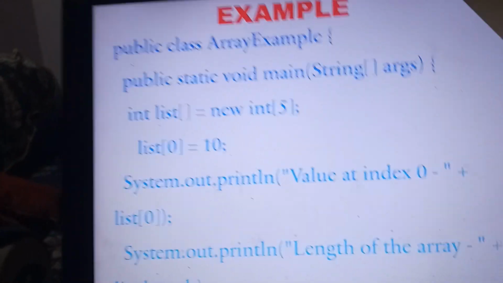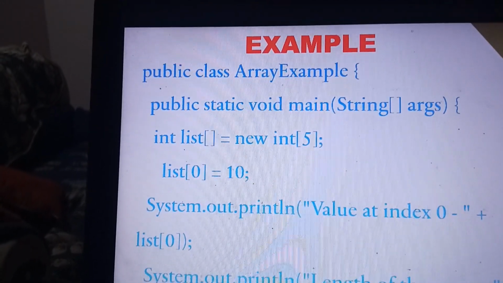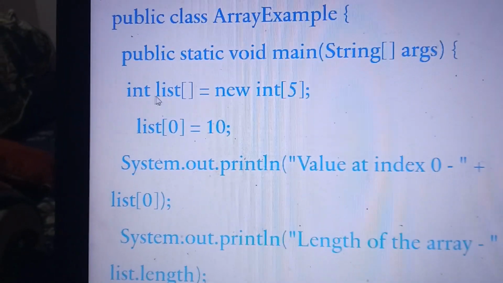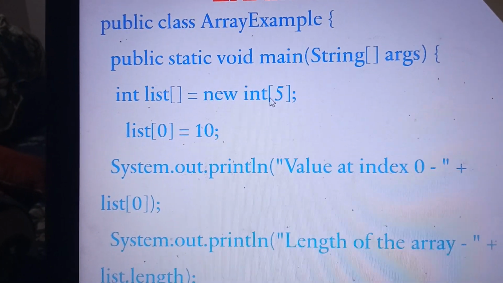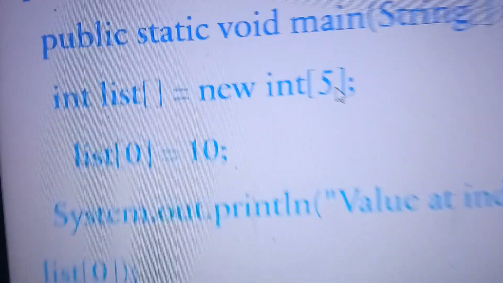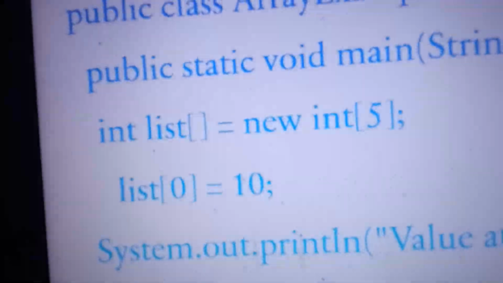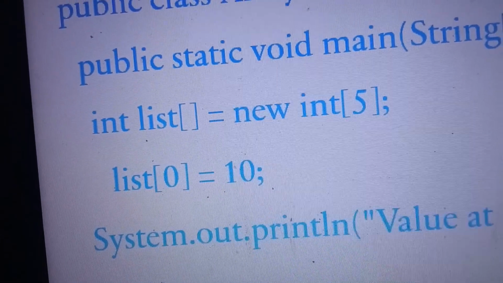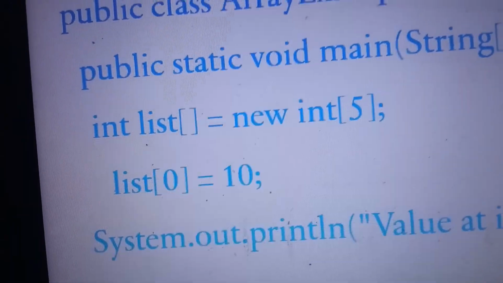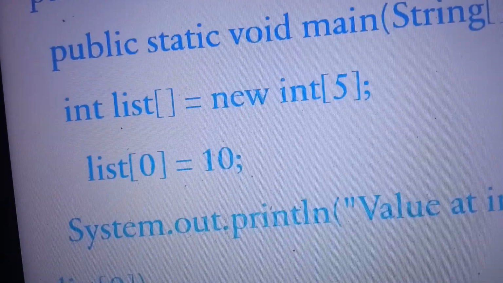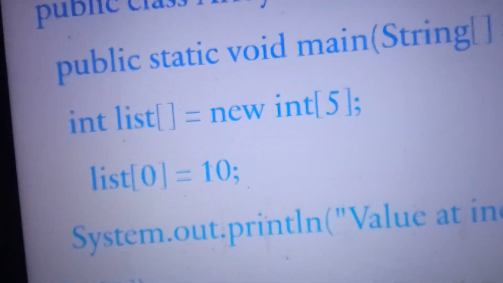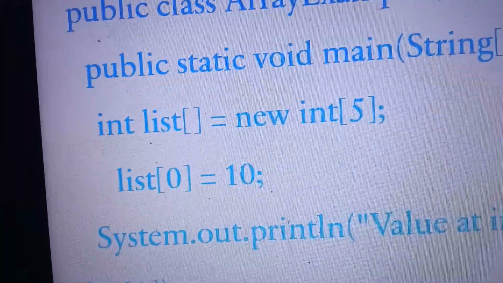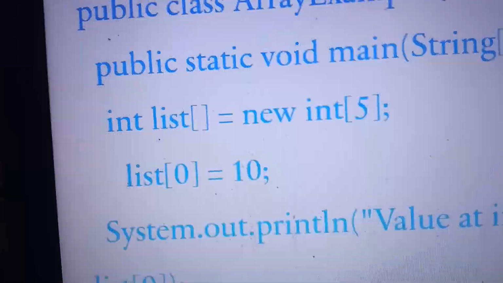So here is a simple example of an array. Please observe, I am declaring int list equal to new int of 5. This means I am declaring an integer type array named list with a size of 5. As I already told you, while assigning the values we use index numbers, and the index number always starts with 0.